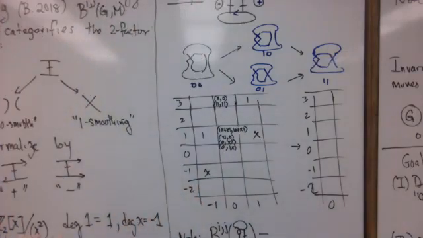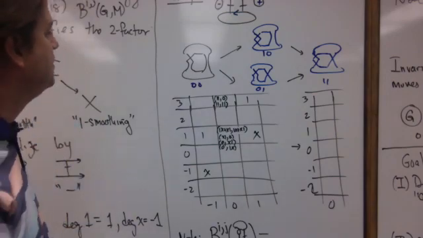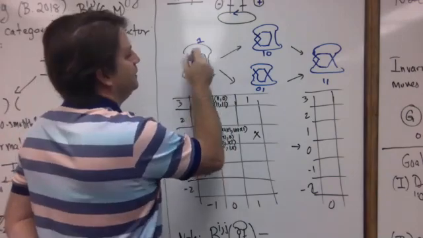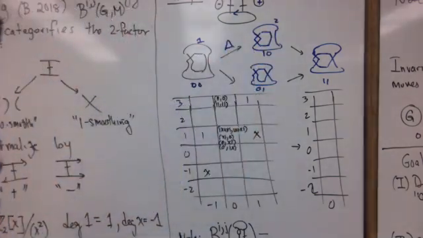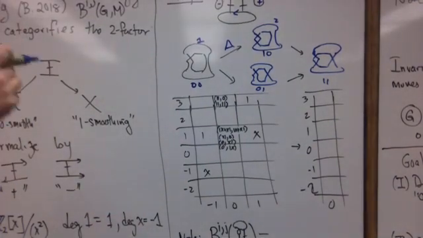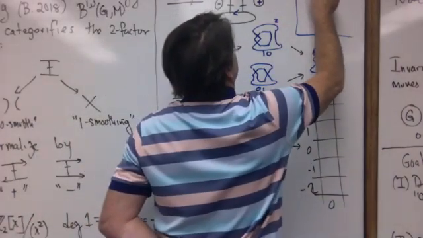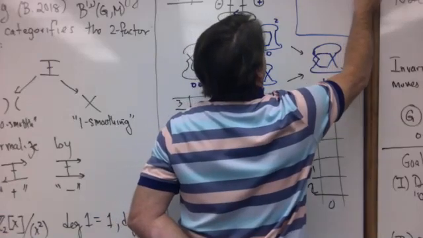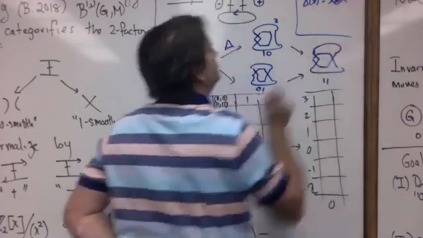And if I look at this, I see that I get all the same exact types of maps as before. I've got one circle here, and it goes to 2 circles. So this is going to be what's usually noted as a delta map. For those of you that are maybe a little new to this subject, delta of 1 is 1 tensor x plus x tensor 1, and delta of x is x tensor x.